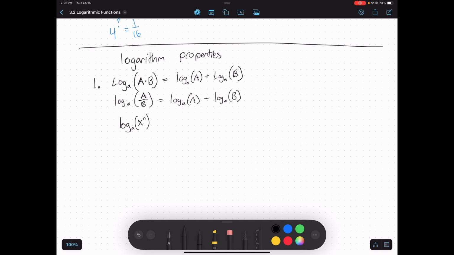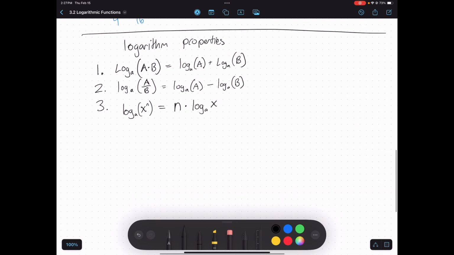Using my exponential properties, we see that you can pull that exponent out in front of your logarithm and just take the logarithm of whatever your base was of x. Okay. So these are three really important properties with logarithms that let me play around with them quite a bit.